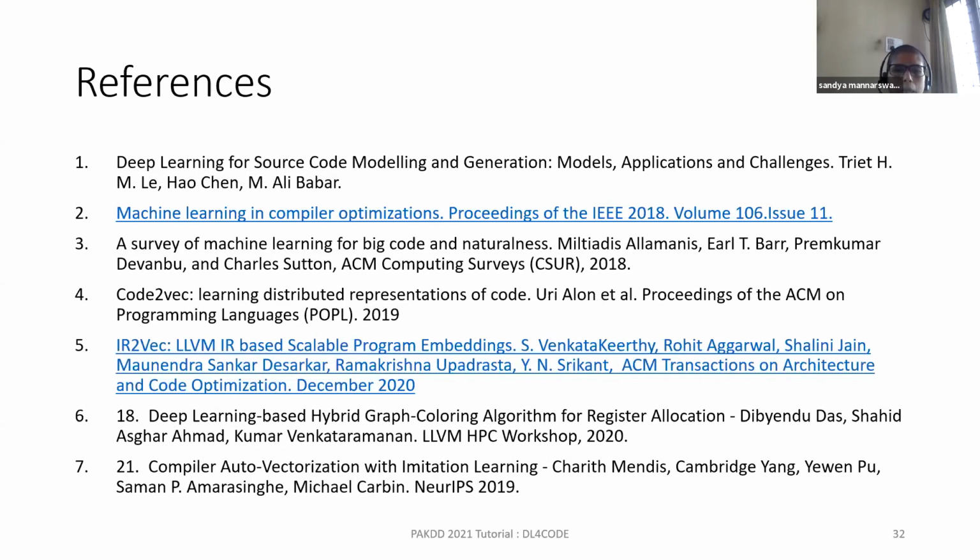So basically, if you're starting off in this space, go through some of these specific references, then pick up a specific software engineering task where you think the newer DL techniques would be relevant, and try applying them. So I would stop here and take questions, if there are any.